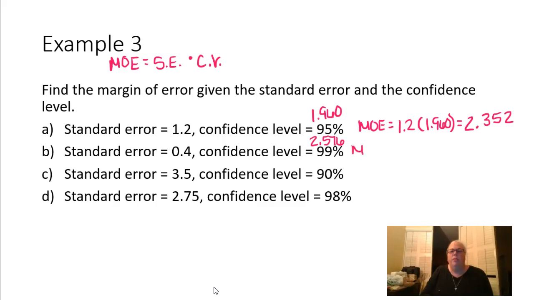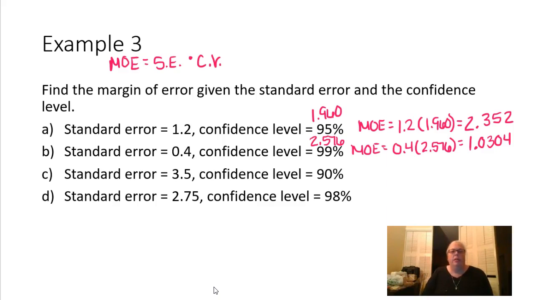That means that the margin of error is going to be 0.4 times 2.576. Let's see what that gives us. And this is going to be 1.0304.